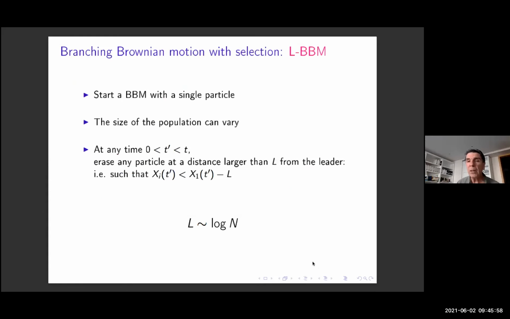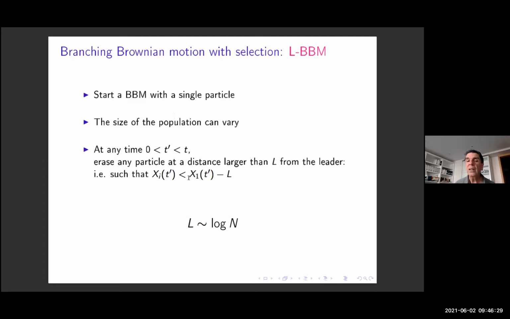Now, the L-branching Brownian motion is a slightly different version. You start with a branching Brownian motion with a single particle, and the size of the population grows. And then you have the rule that there is always in this population a leader. Let me call the position of the leader x1 of t. And whenever a particle is at a distance larger than L from the leader, it is erased.